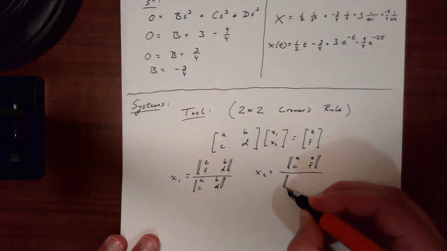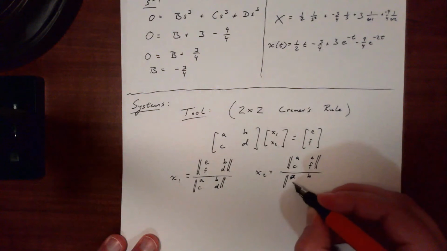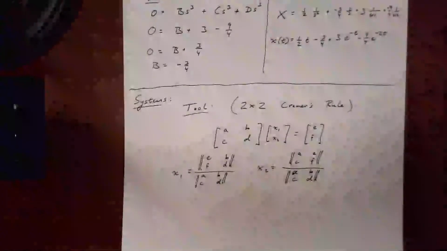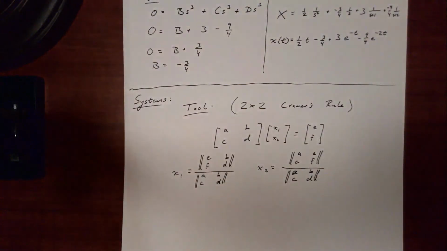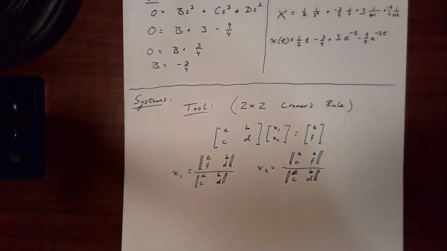And again, in the denominator, we just have the original a, b, c, and d. And then we can actually just take those determinants and solve our systems from there.